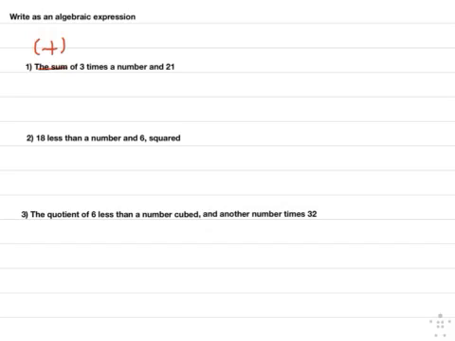3 times a number. What's a number? We can write that as x maybe, or we could choose any letter. And we're going to sum that 3 times a number with 21.